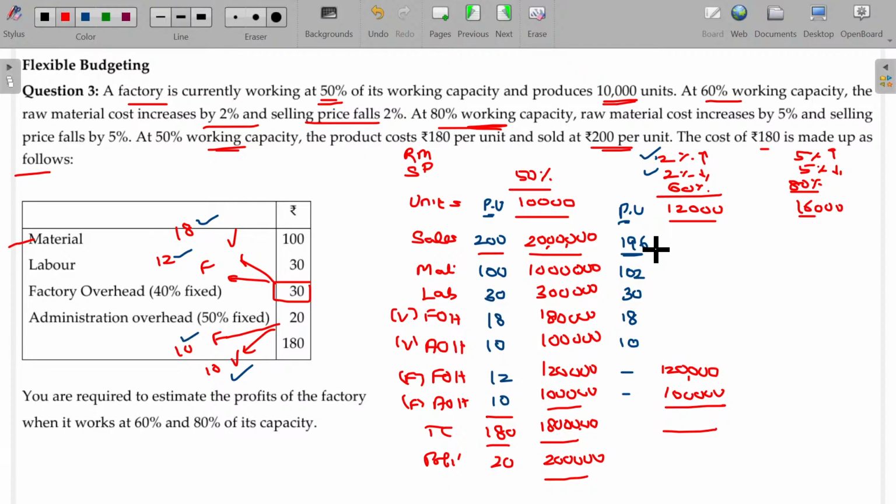What's the value? 23 lakhs 52,000. And balance: 102 into 12,000, 12 lakhs 24,000. 30 into 12,000, 3 lakh 60,000, 2 lakh 16,000, and 1 lakh 20,000.